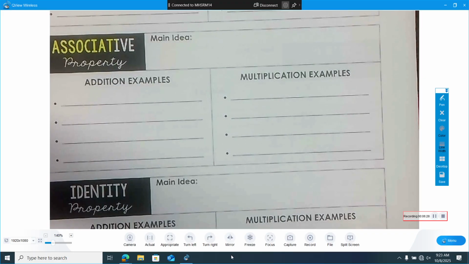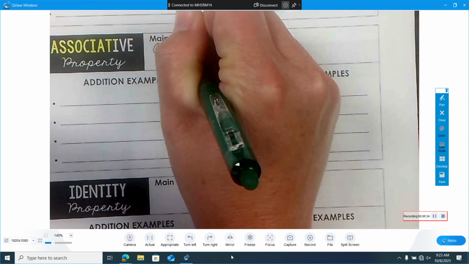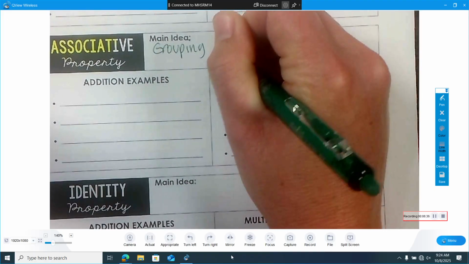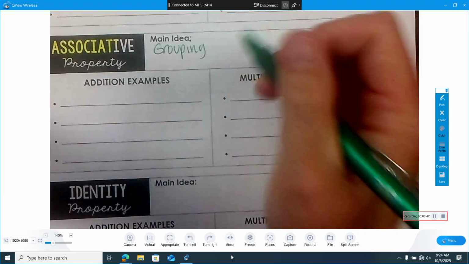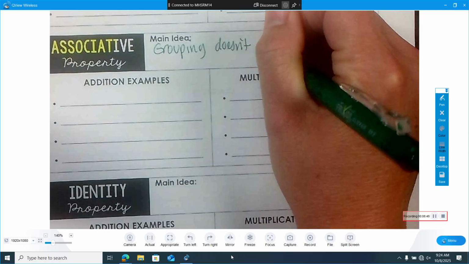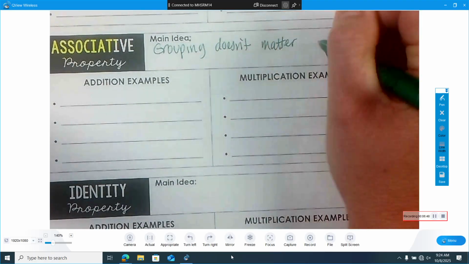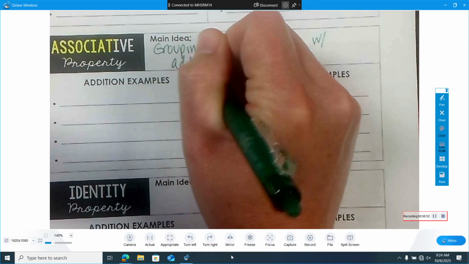And so the main idea for the associative property is that grouping, associative groups, who you're associating with, who you're being grouped with. Who you're being grouped with doesn't matter with addition and multiplication.